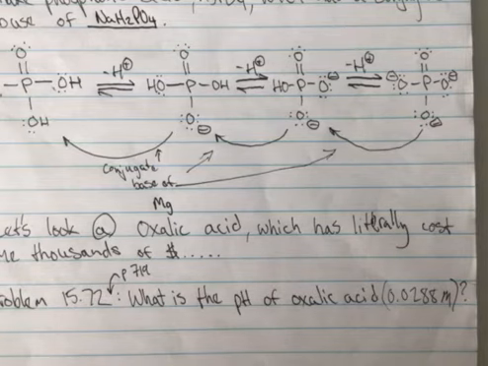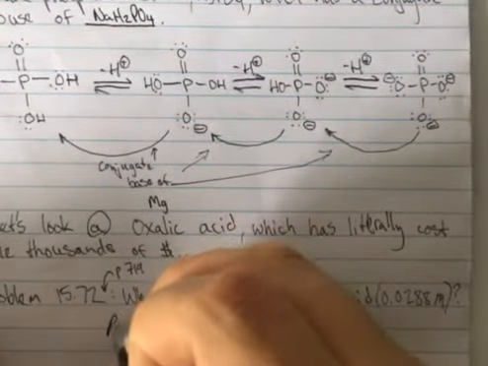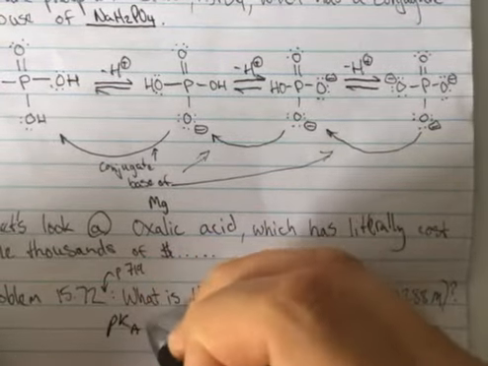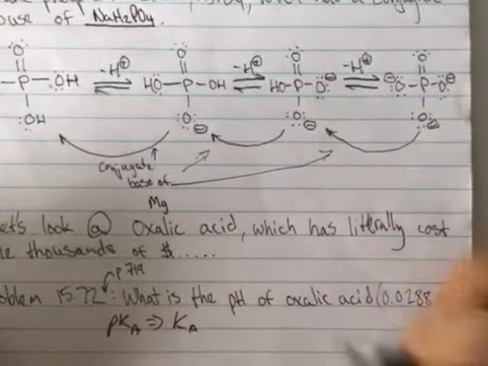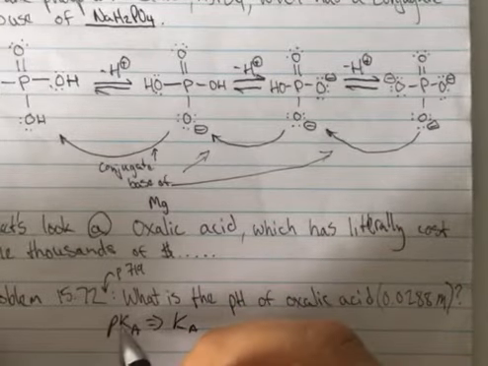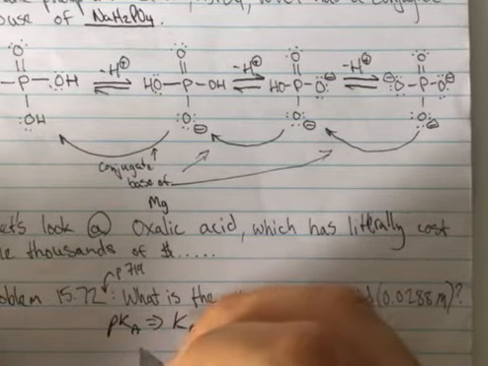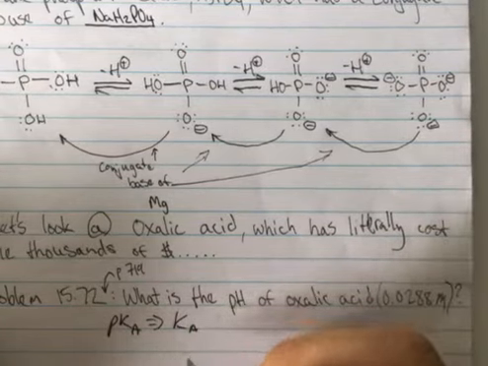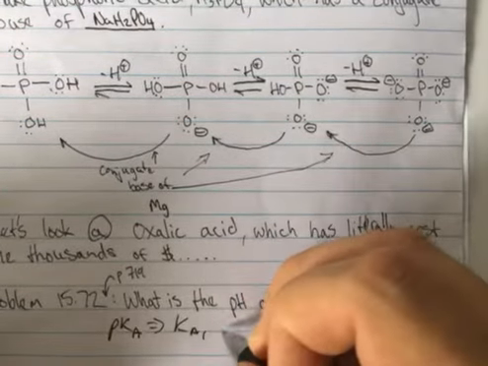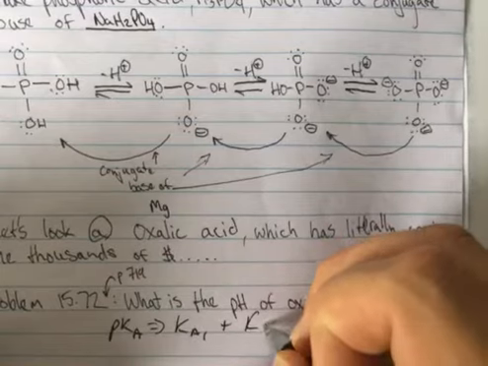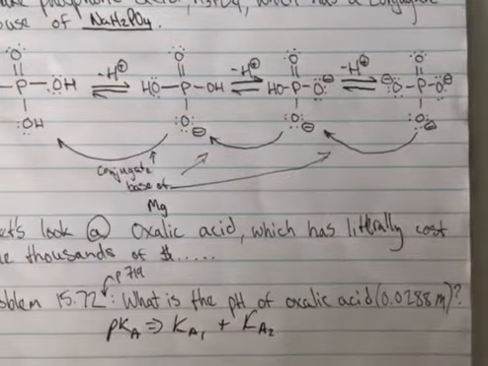Pay attention to the pKa values that are in the back of the text and convert those over from pKa to Ka. And remember that this is just the negative log of Ka. So do that conversion first, and notice that there's not just one Ka value, but there's also Ka2 as well.